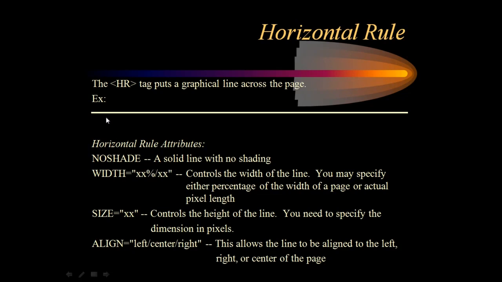Width controls how wide you want this line to be. Size controls the height of the line. You need to specify the dimensions in pixels. Align defines the alignment to the left, right, or center of the page.